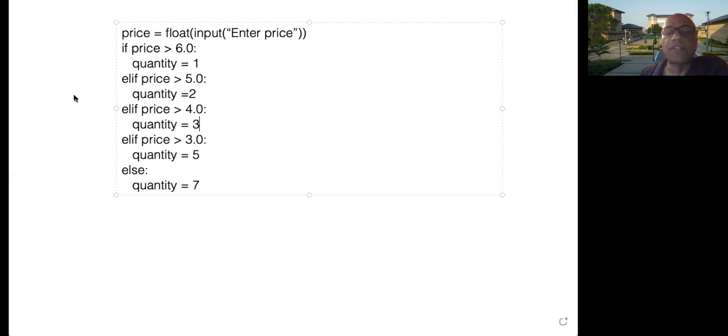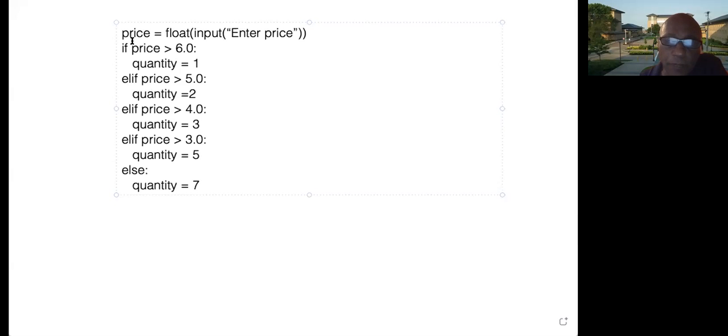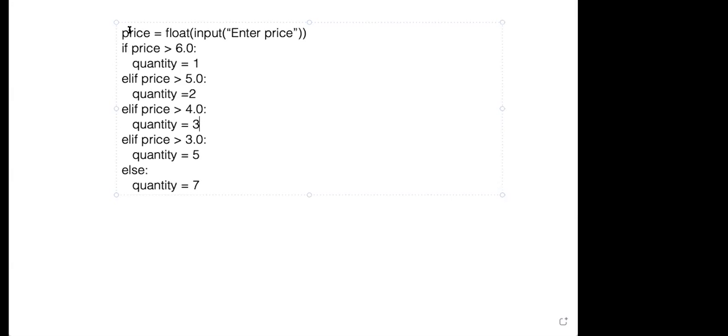What if price is 3.5? Suppose we get 3.5 here. What will happen? If price was 4.5, the first two would be false, but the third one would be true, and the quantity would be set to 3. Price is 3.5. The first two are false. This is false.